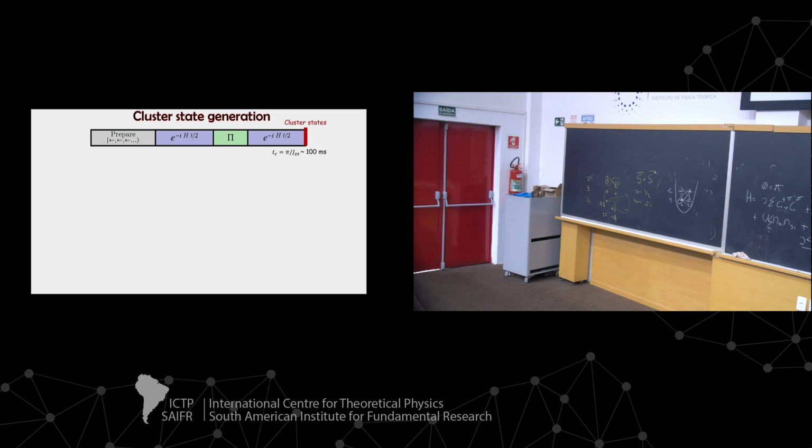So basically, for the cluster state, you start with all the particles along the x direction. You evolve the Hamiltonian, you can ignore the pi pulses because they're just to remove single particle decoherence. They don't do anything with the SC term. So it's an evolution of the Ising interactions by a time that is proportional to pi divided by J.